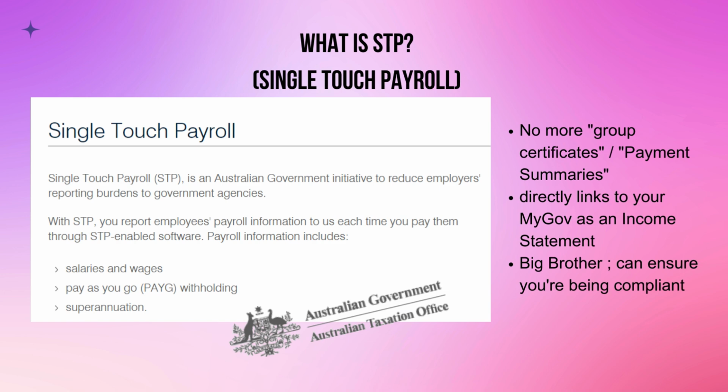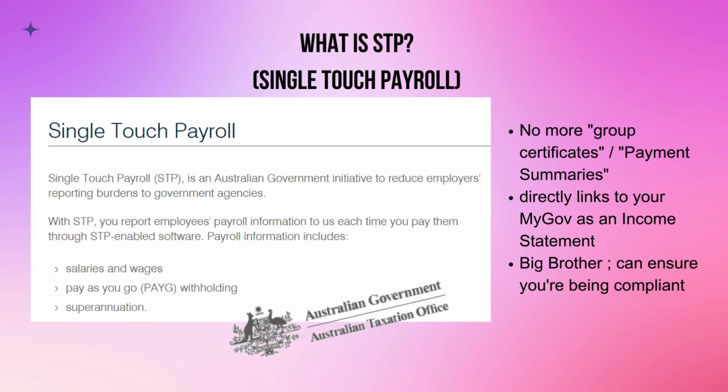It does actually save a lot of businesses time and effort with keeping up to date with everything. With single touch payroll, you report employees' payroll information to the ATO every time you pay them through single touch payroll enabled software. So Xero, MYOB, QuickBooks, all of those general payroll softwares. The information includes the salaries and wages submitted, your PAYG withholding, and the superannuation.